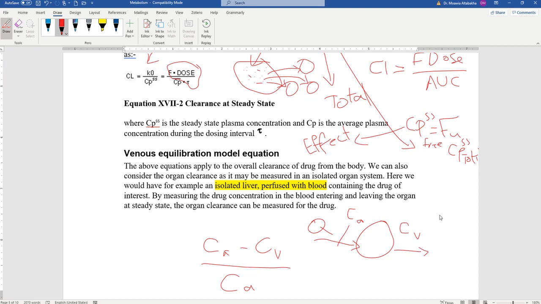If I want to calculate the clearance, it will be the hepatic clearance. So I'm writing here CLH, or I can write it as CLM.